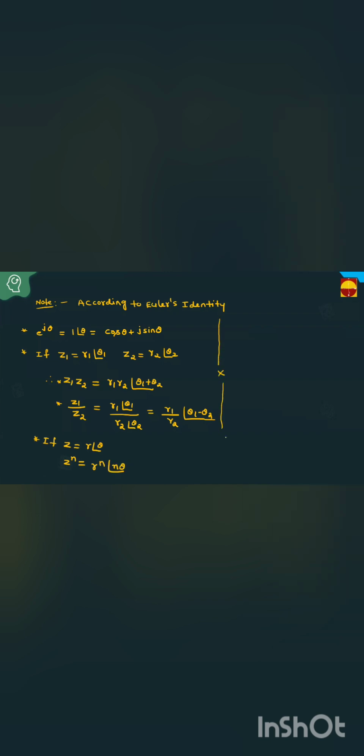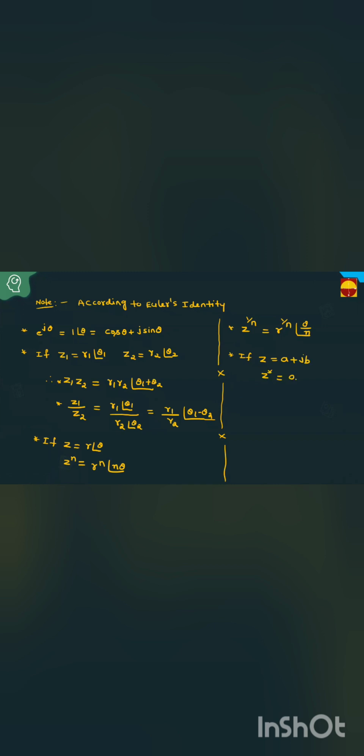So according to Euler's identity, what is z power 1 by n? Z power 1 by n equals r to the power of 1 by n at angle of theta by n. Now, if z equals a plus jb, then what is the z conjugate?